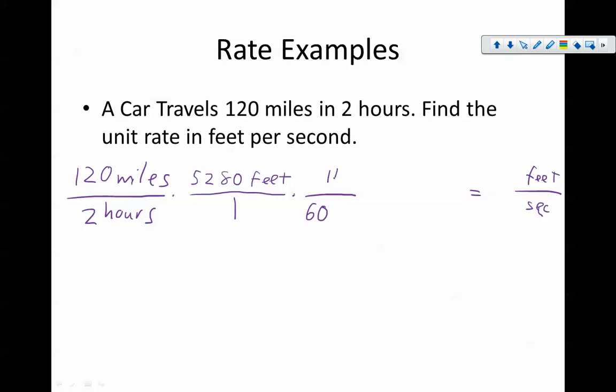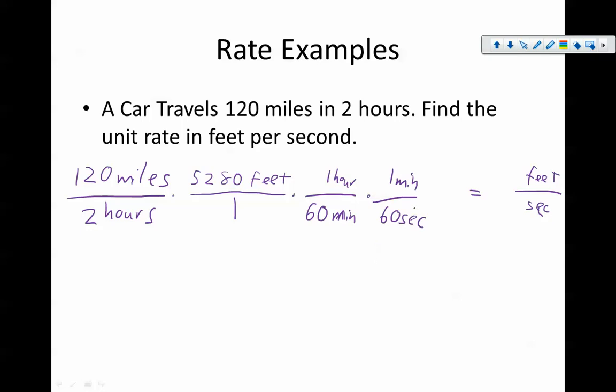So in 1 hour, we're getting 60 minutes. And then we're going to convert the minutes to seconds. So in 1 minute, I have 60 seconds. Whew, there's a lot here.